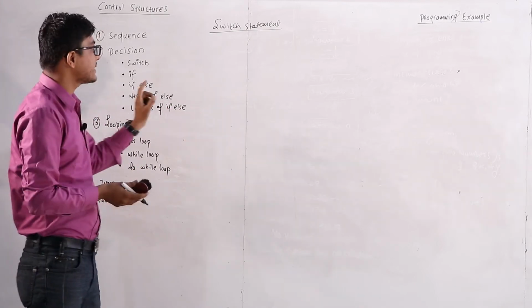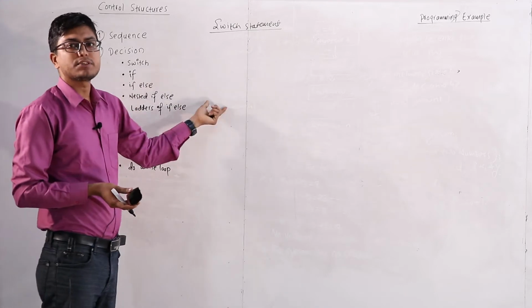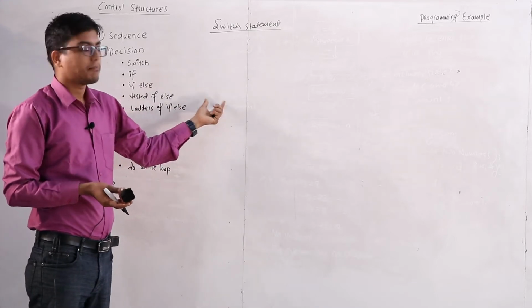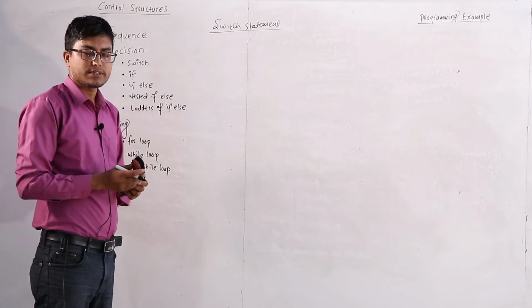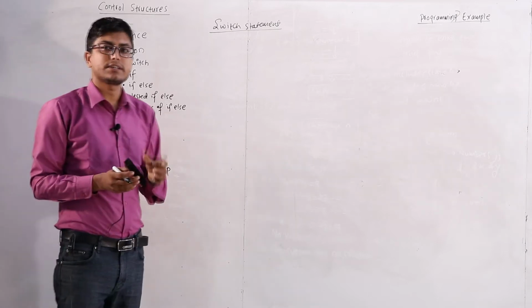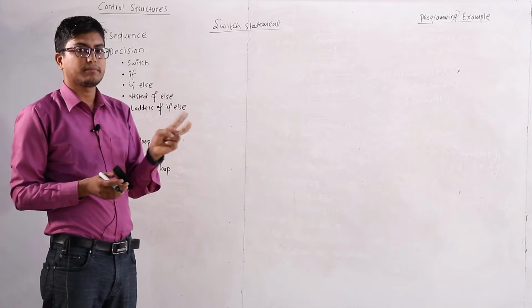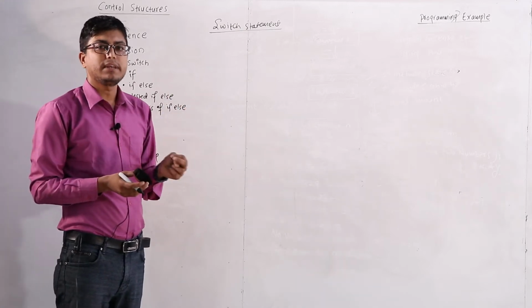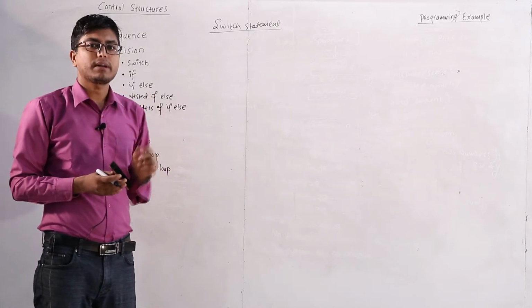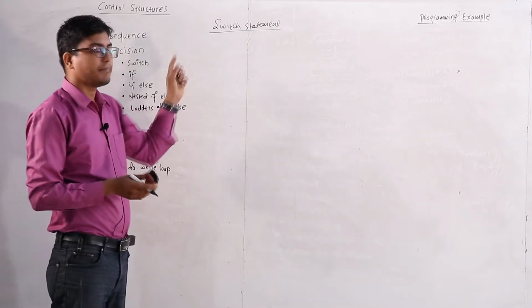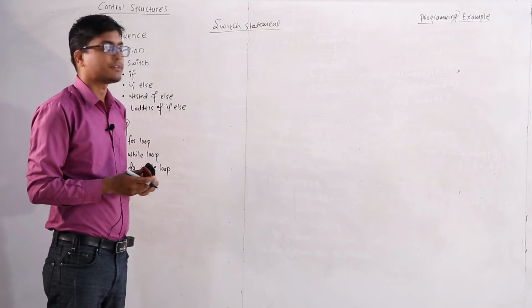Sometimes you can say that the switch statement can be used for a menu driven program. Menu driven program means you have to give multiple choices to the user. For example, you ask the user to enter 2 numbers and find the sum, division, multiplication or subtraction of the given numbers, and the user will choose one of them. Then in such a menu driven case, switch statements are used.